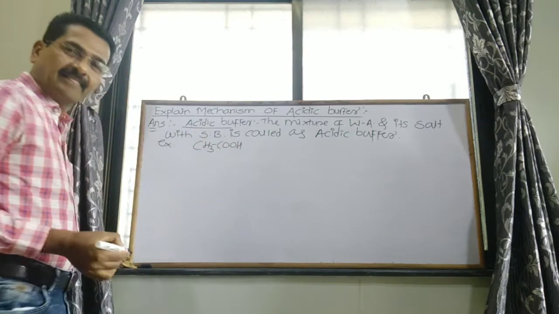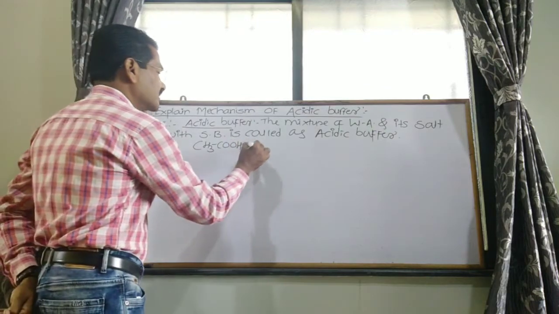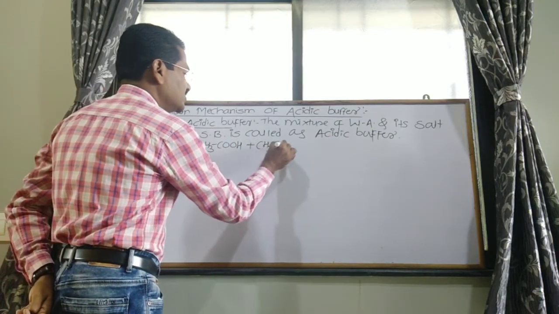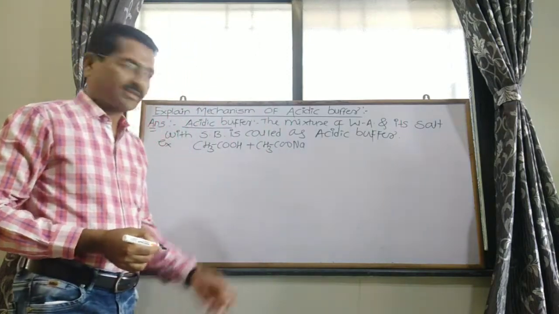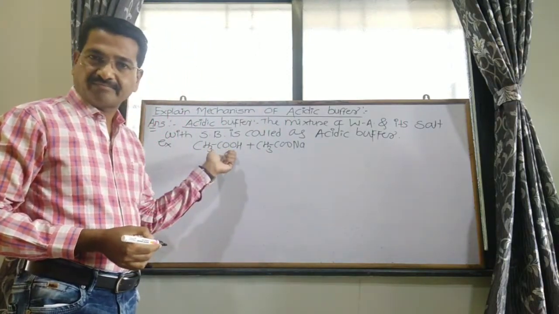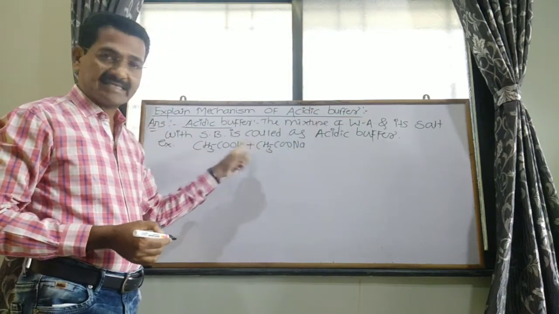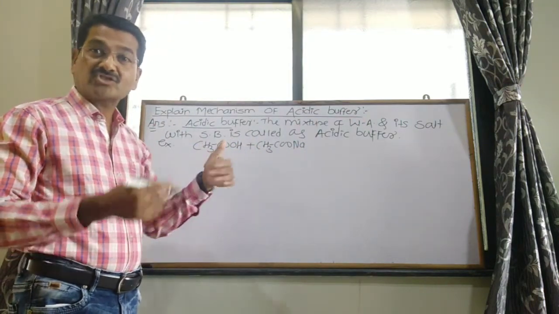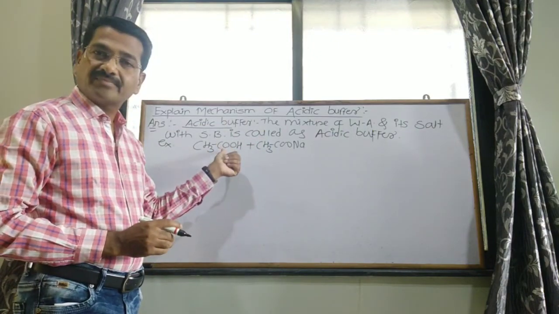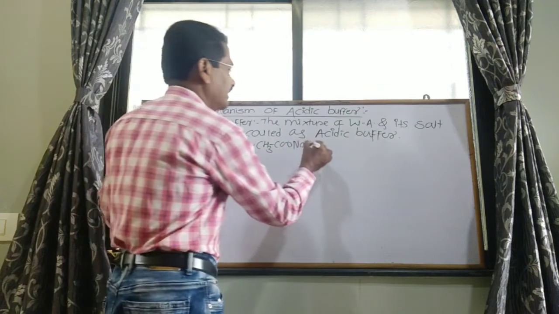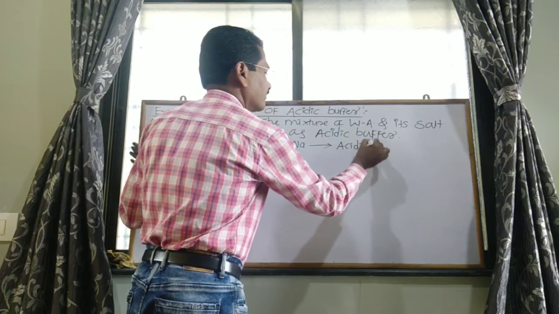For example, CH3COOH, acetic acid, plus CH3COONa, sodium acetate. Acetic acid is the weak acid and sodium acetate is the salt of the weak acid, acetic acid, and strong base NaOH. So the mixture of both acetic acid and sodium acetate is called an acidic buffer.